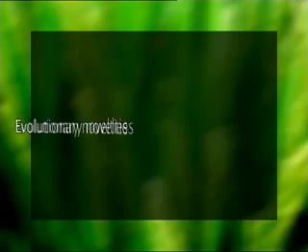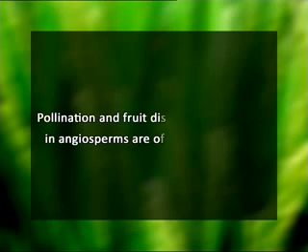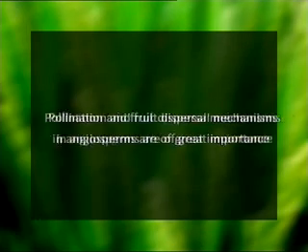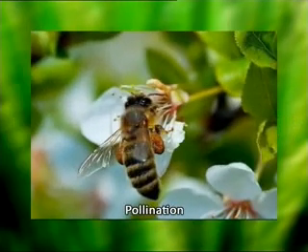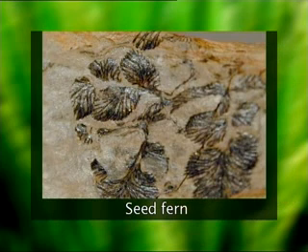After discussing these various hypotheses, there are various evolutionary novelties that we see in angiosperms that are believed to have played a pivotal role in their diversification. Out of these, the pollination and fruit dispersal mechanisms are of great importance. Pollination by insects is even known from the fossil bennettitales and seed ferns.